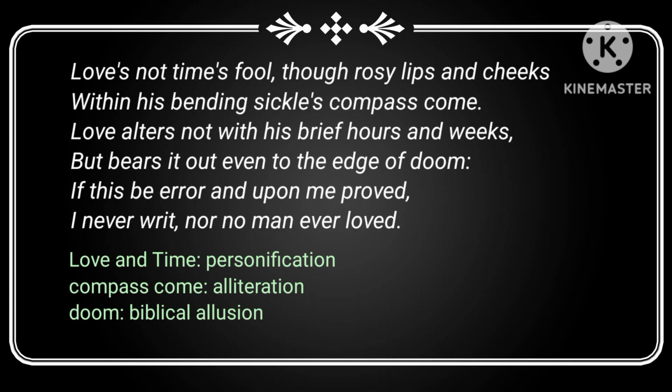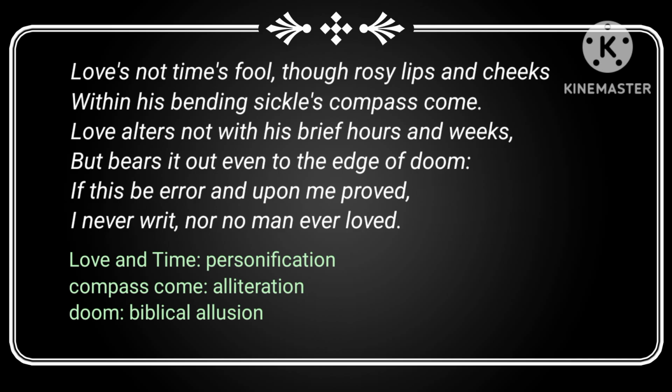So here the speaker is saying, if this be error, so if my idea, my assumption, my concept about love is wrong and upon me proved, upon me means against me. So if anyone can prove against my opinion, then the speaker claims, I never writ, nor no man ever loved.